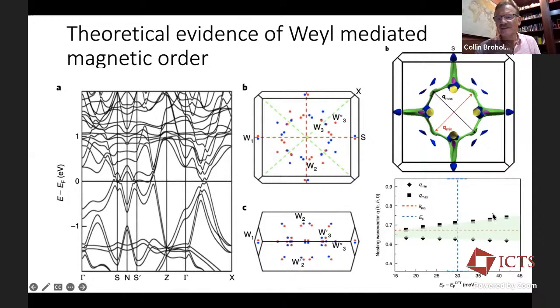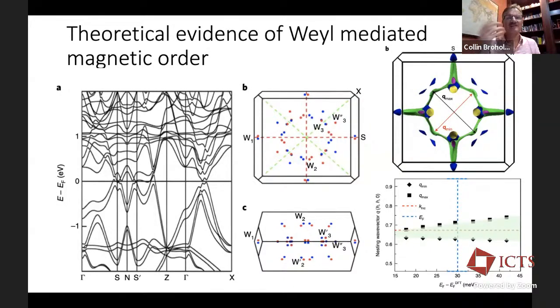And then with these black points, we show the nesting vectors, which extend from a maximum value to a minimum value, and in fact, right at the determined chemical potential, there's a very good agreement in the length of that nesting vector and the observed incommensurate magnetic wave vector.